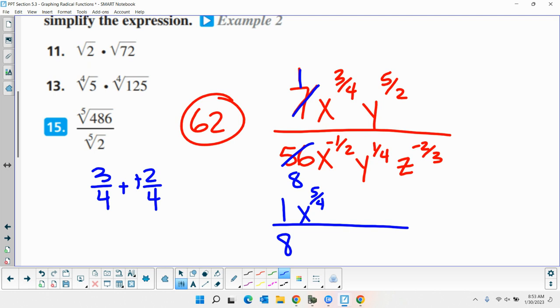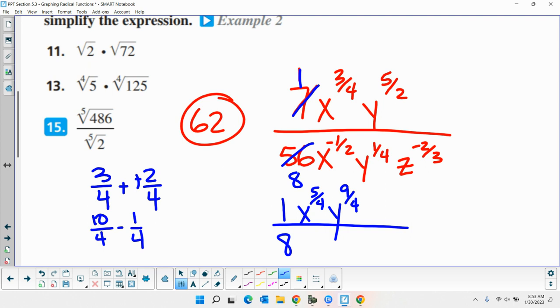What's bigger, 5/2 or 1/4? 5/2, right? So I'm going to put the y in the top because the bigger exponent's in the top. So this is, I'm going to change 5/2 to 10/4. I'm going to multiply both by 2. And I'm going to subtract 1/4. So what's 10/4 minus 1/4? 9/4.